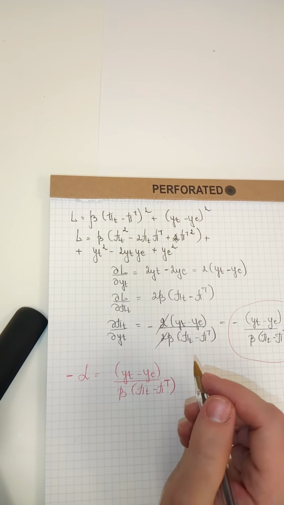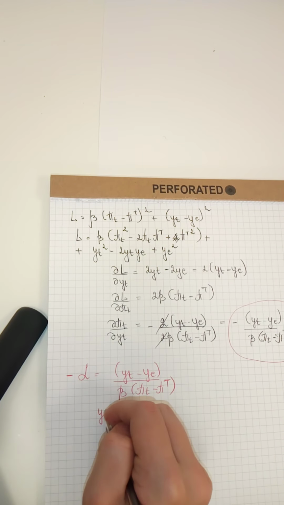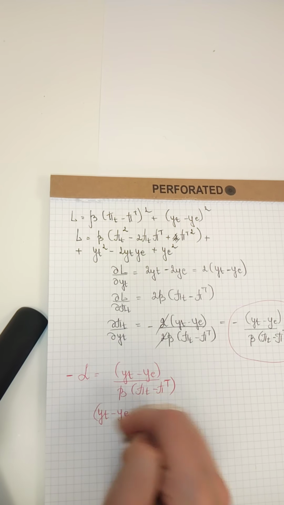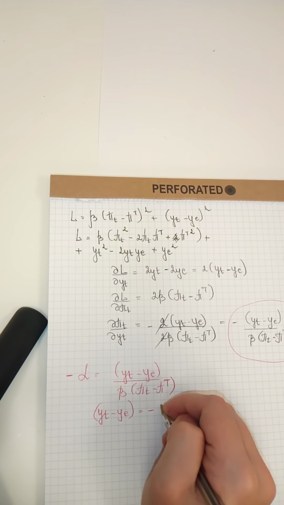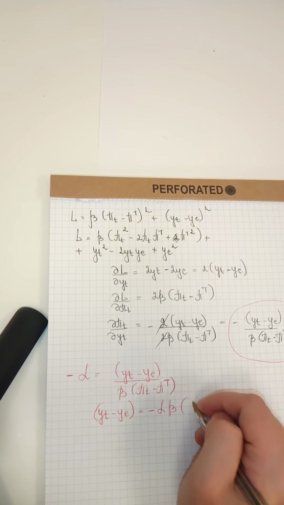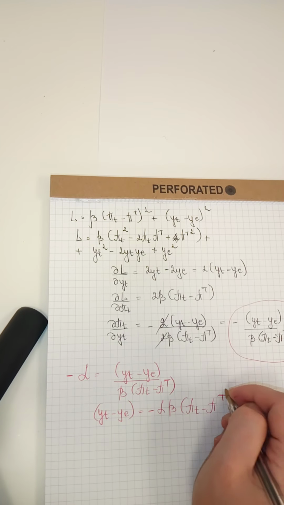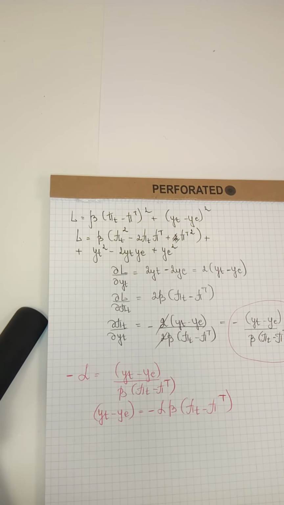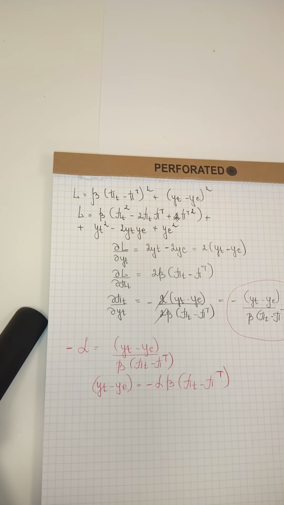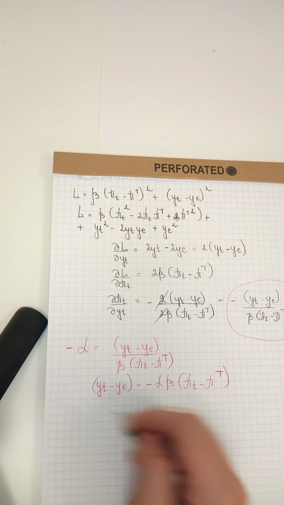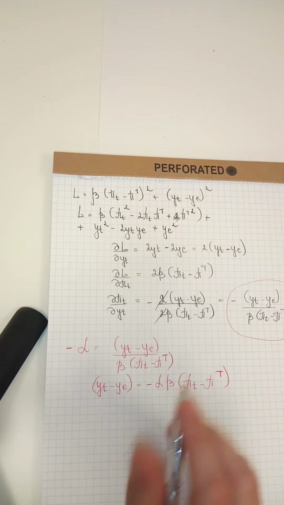From this, you get yt minus ye equal to minus alpha beta times pi t minus pi tau. This is the way in which it's presented in your textbook. Since we assume that everything is linear, it makes sense to rearrange this to get the function of pi t.